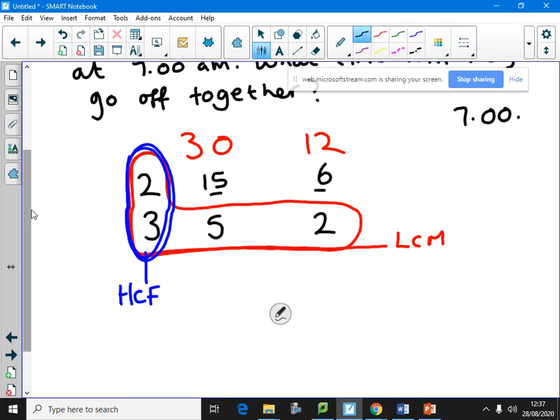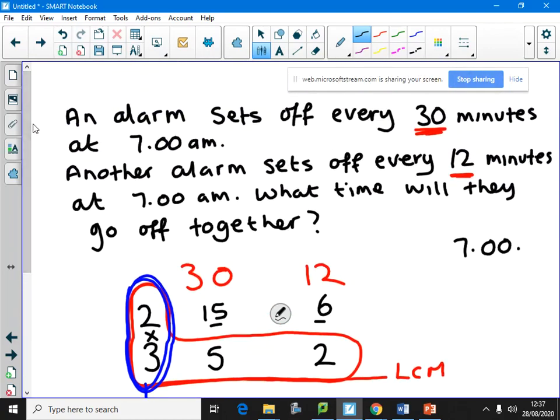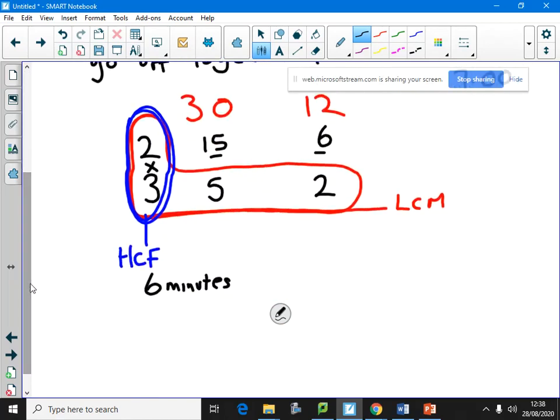So nice and easy, let's work that out. 2 times 3 is 6 minutes. Remember, it is in minutes. And so we've got 6 times 5 is 30, times 2 equals 60 minutes.